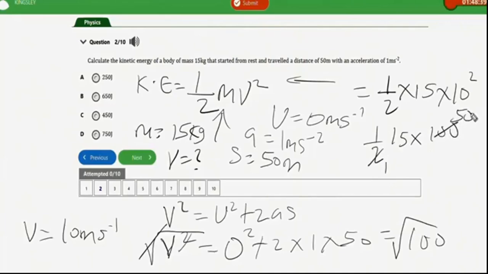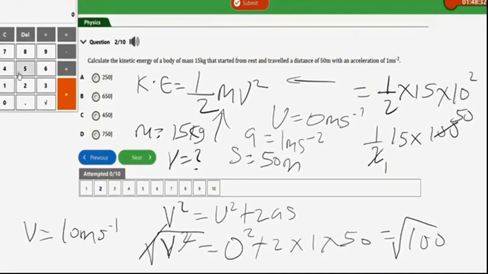So let's punch this on the calculator. So we have 50 times 15, we have the output to be what? 750 joules. That would answer this question, option D, 750 joules. That's it for this particular question. Let's wipe this now and solve the next repeated question.